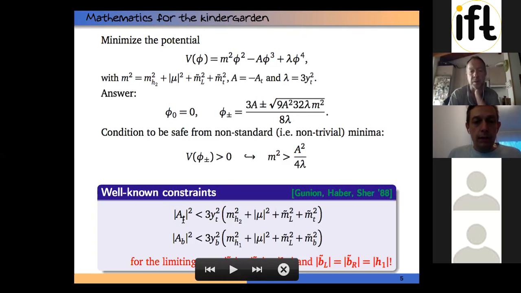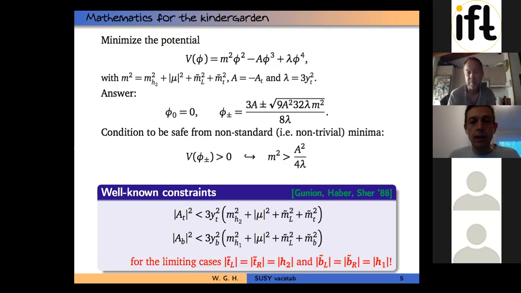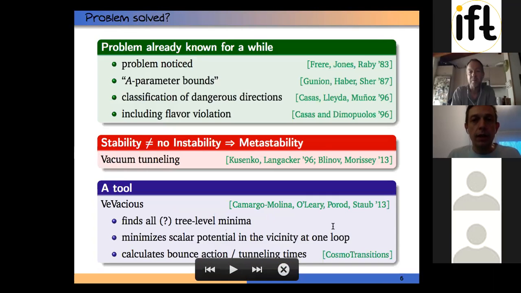For AT, for AB related to the soft breaking Higgs masses, to the mu term and the soft breaking squark masses. However, this is in the limiting case here where basically you choose all these field directions to be equal. Now we can, I mean, the next step is to question this and say, basically, what is the mistake when you simply choose a certain field direction?